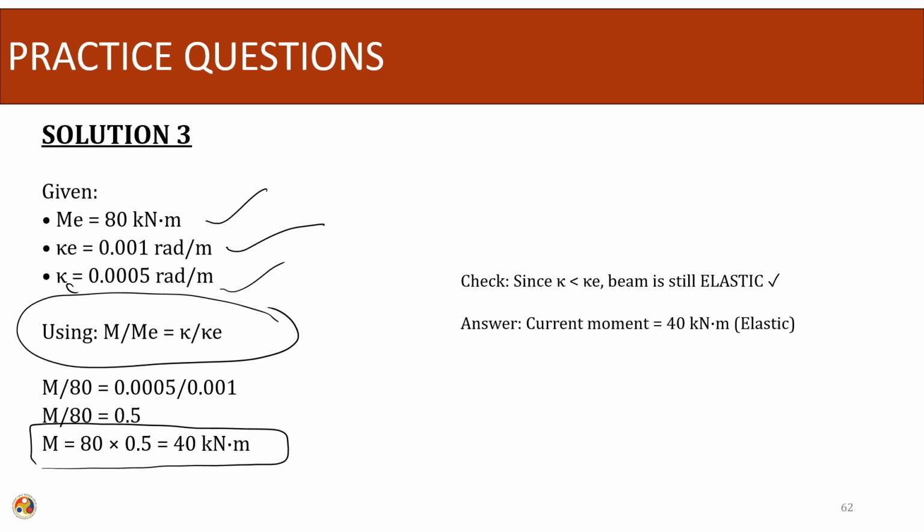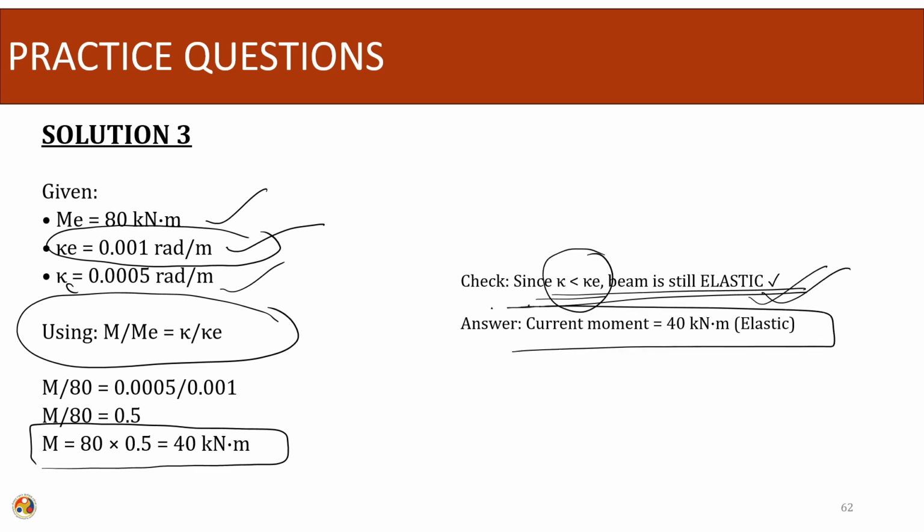Since Kc is less than Ke, the beam is still in the elastic range, and the current moment occurring in the system is 40 kilonewton meter.